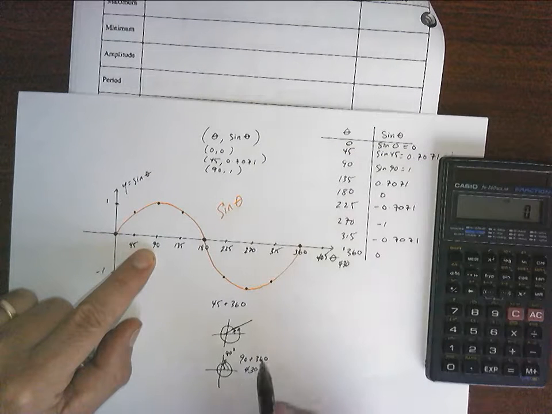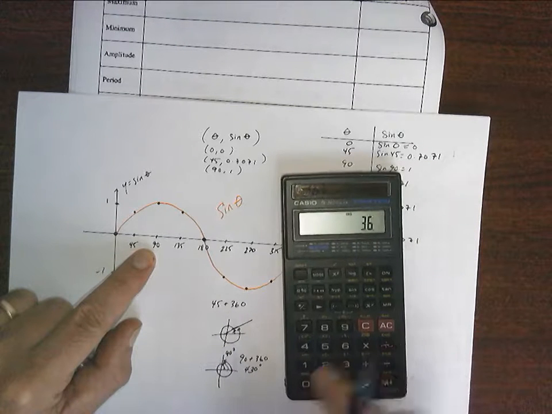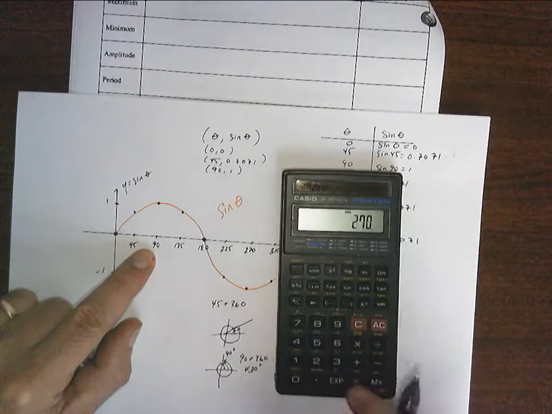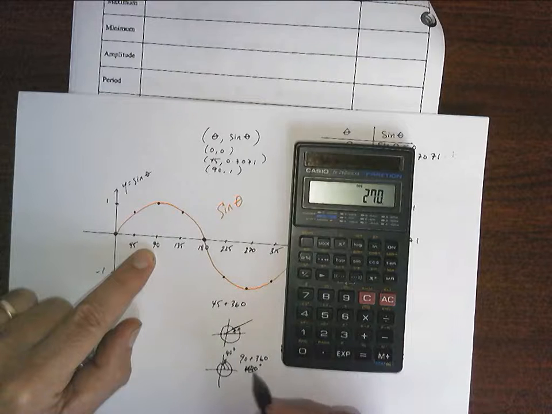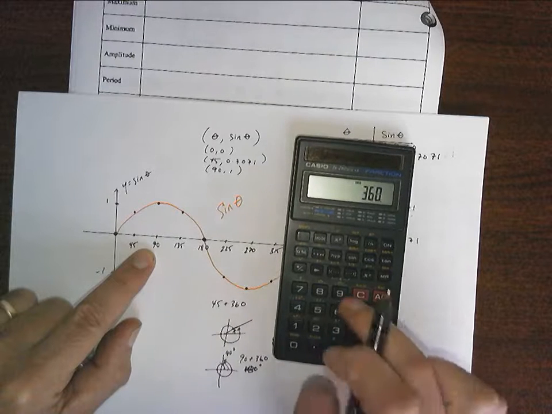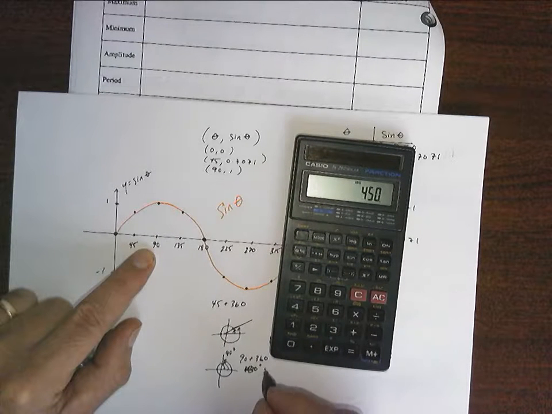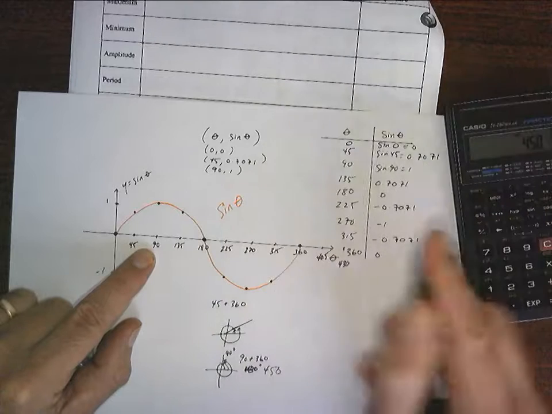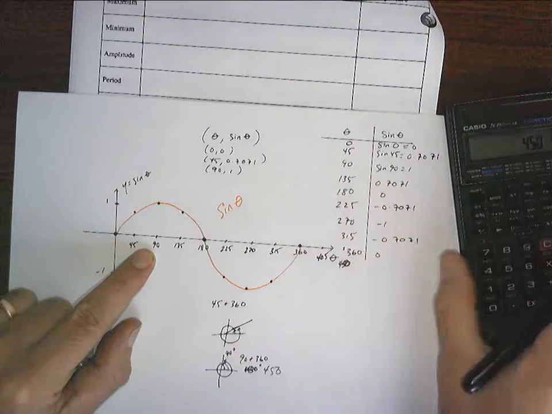I made a mistake. 360 plus 90, it's 270. What am I thinking? 360 plus 90, 450. Man, oh man, I better be using my calculator. So it should be 450.